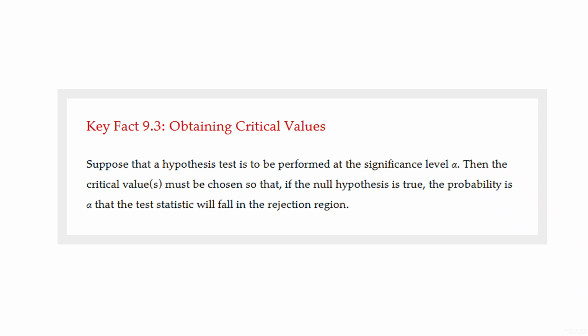Then the critical value or values must be chosen so that if the null hypothesis is true, the probability is alpha that the test statistic will fall within the rejection region. Again, we're going to have to put this into play for you to really understand it. But with the critical value approach, we reject the null hypothesis if and only if the test statistic falls within that rejection region.